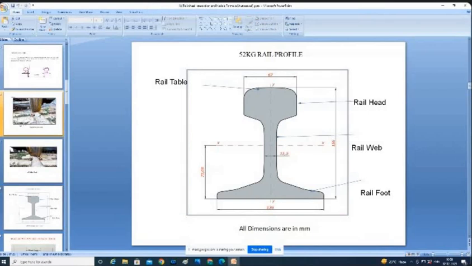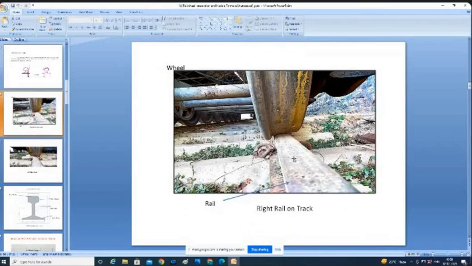Say for example, you come back to this picture. So this is the rail table. Where the flange is, here you can see the wheel flange is there. This flange side is called the gauge face of the rail. This is called the non-gauge face of the rail. Just let me take an annotation. Are you able to see? One minute, I will take the annotation also.